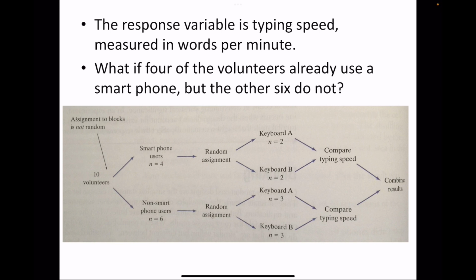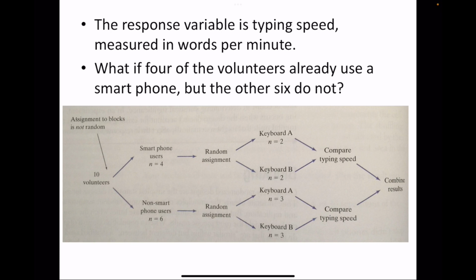So you might ask someone before they start the experiment process, have you ever used a smartphone before? So years and years ago, imagine that only 4 said yes and 6 said no. So then you test those 2 keyboards, randomly again assigning, but you're keeping the data separate for those who had used smartphones before and those who hadn't.